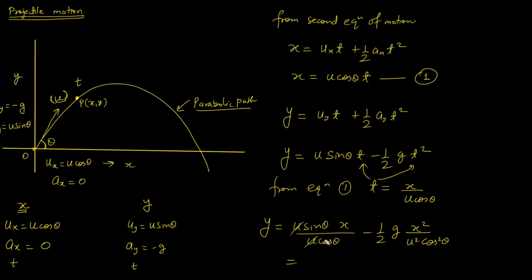Now u cancels, sin theta upon cos theta will be tan theta, so it is x tan theta minus 1 upon 2 g x square upon u square cos square theta.